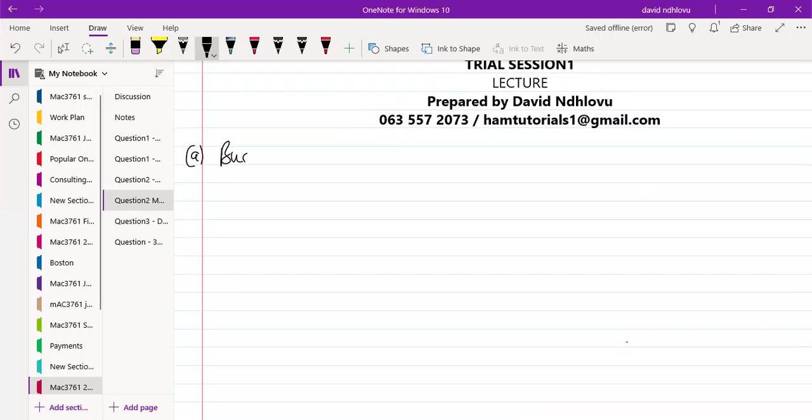So this is our budgeted income statement for the 20X1 financial year.